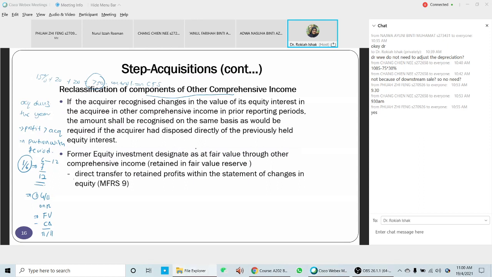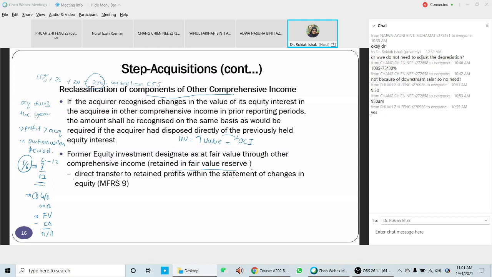So quite a confusing sentence that we have here. Okay, for example, you have the investment. When there is an increase in the value, the increase in value here is transferred to other comprehensive income. So the increase in value was recognized in other comprehensive income. For example, you have the former equity investment designated as fair value through other comprehensive income, so you're going to retain it under a fair value reserve.